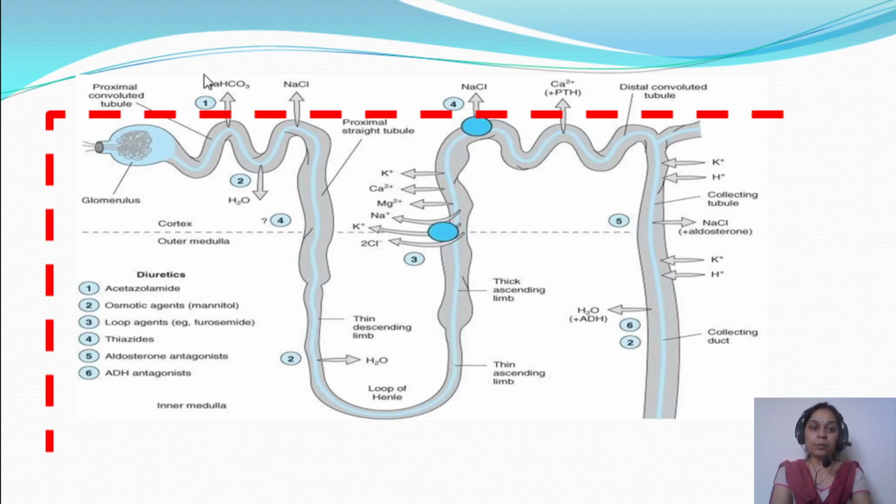The reabsorption of sodium and bicarbonate is facilitated by the enzyme carbonic anhydrase, which is present in the proximal convoluted tubules and catalyzes the formation of carbonic acid from water and carbon dioxide. The PCT is also the site for active secretion of weakly acidic and weakly basic compounds.